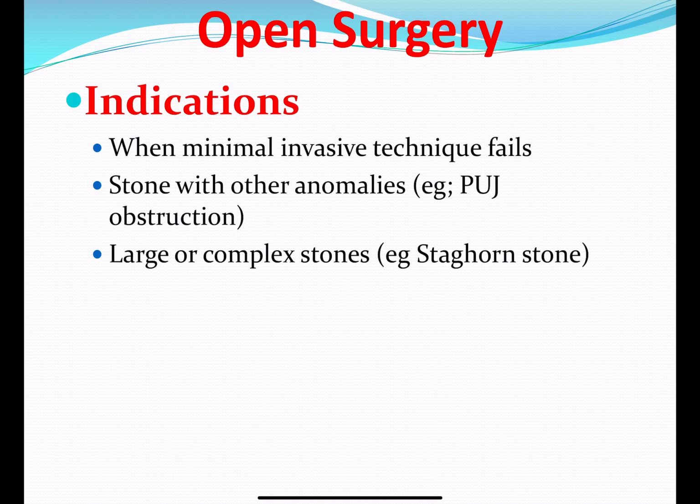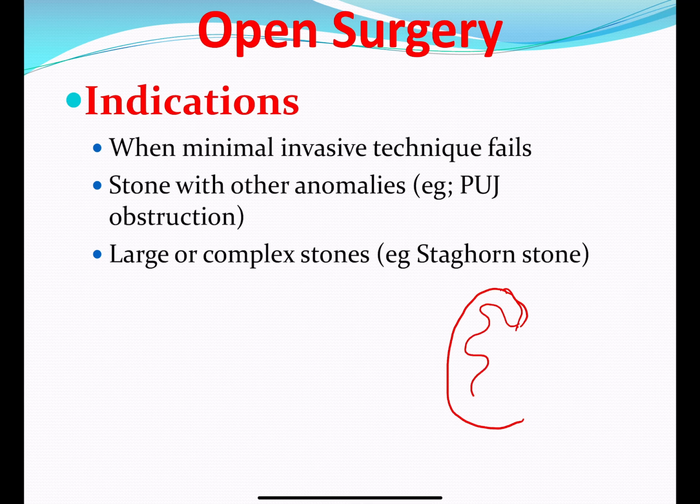And when there is a stone associated with some anomaly, like PUJ obstruction, which I have already explained, then we can go for open surgery, cut the PUJ, remove the stone, and repair the PUJ obstruction.